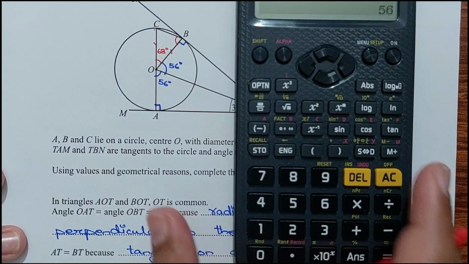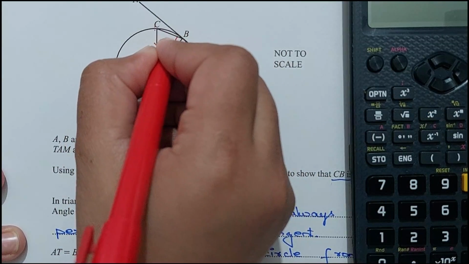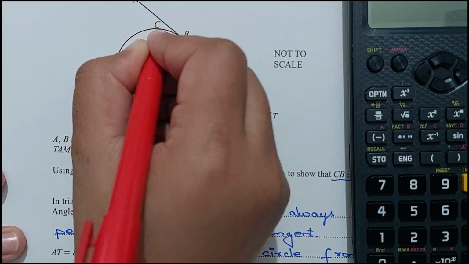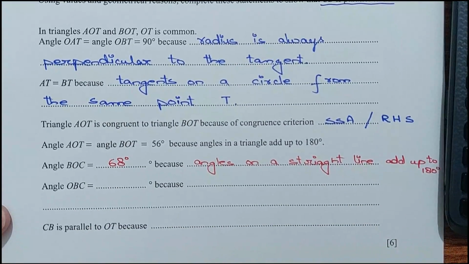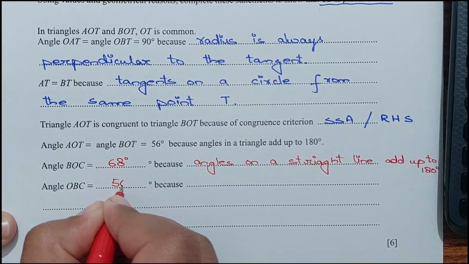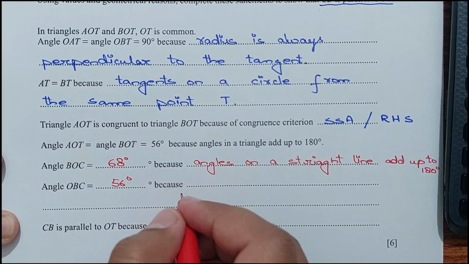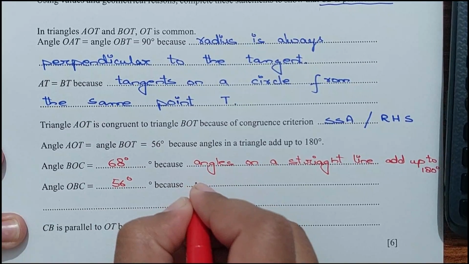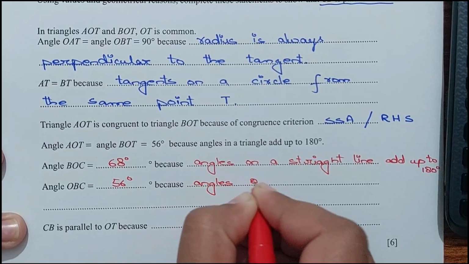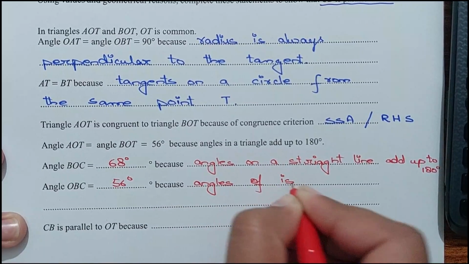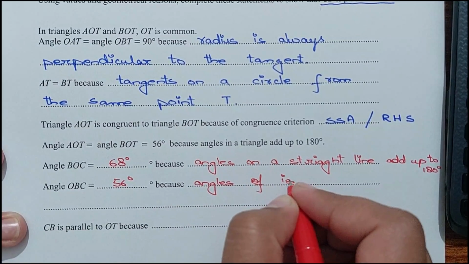This is 56 degrees. Both angles are 56 and this is also 56 degrees, right? So that angle is 56 degrees. Angles in an isosceles triangle.